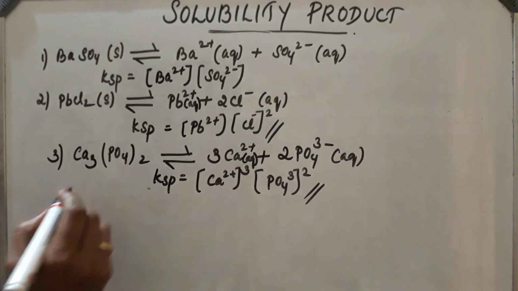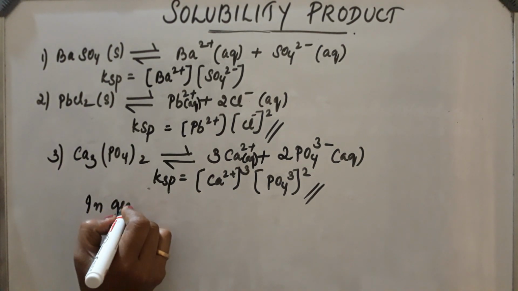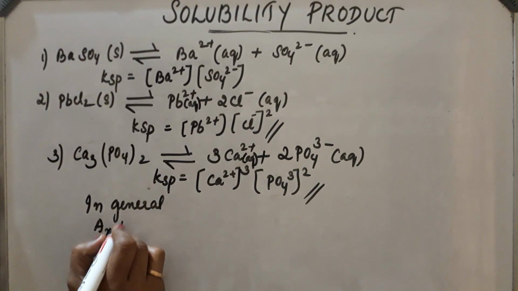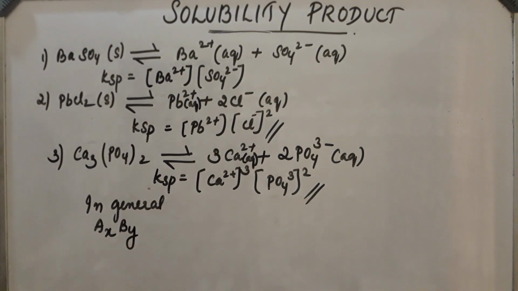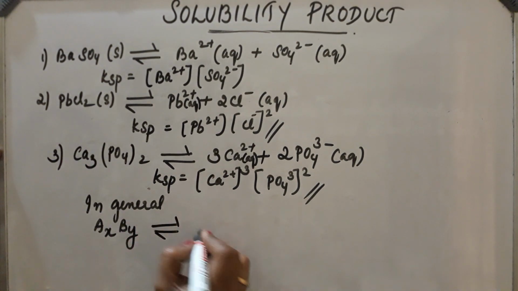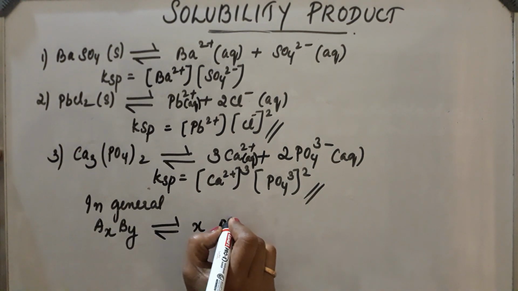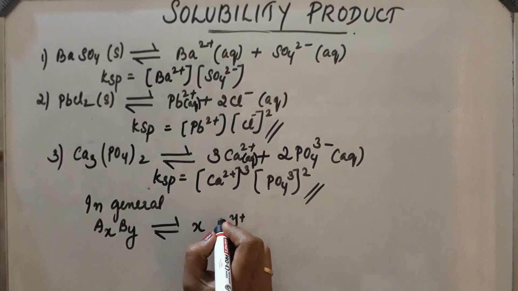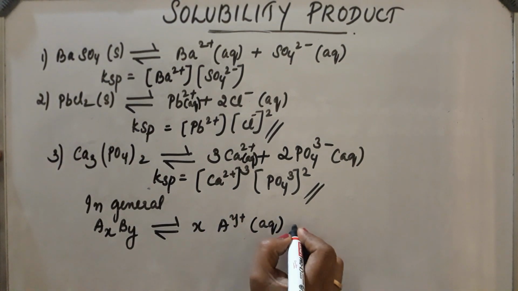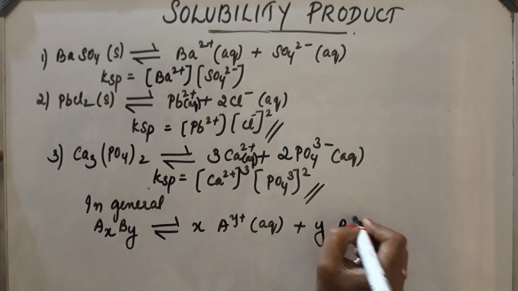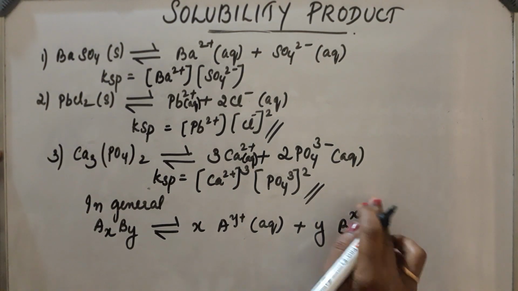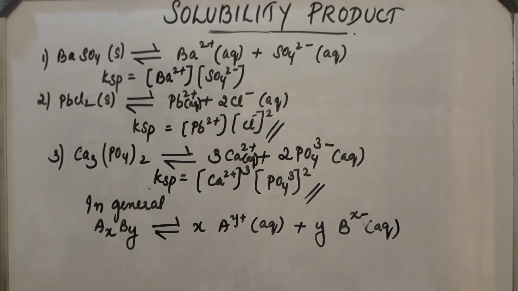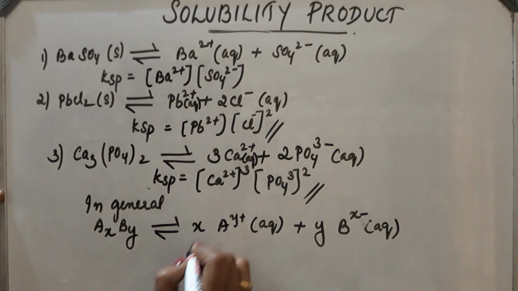Now, in general, how can we write this? If the salt is AxBy, and it gets dissociated into xAy+ plus yBx-.